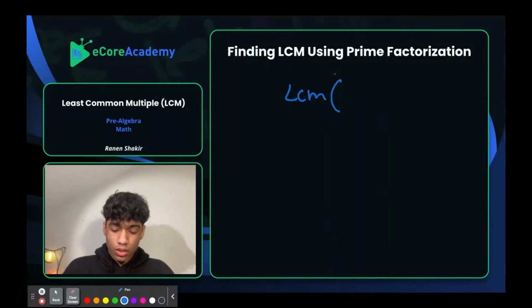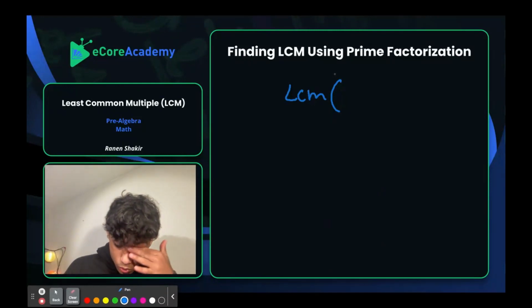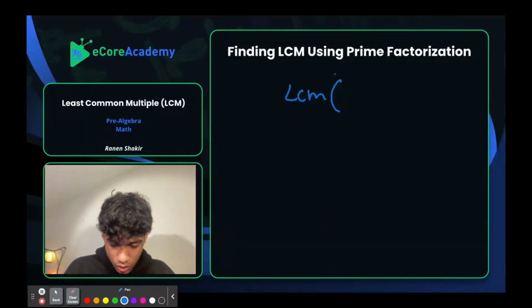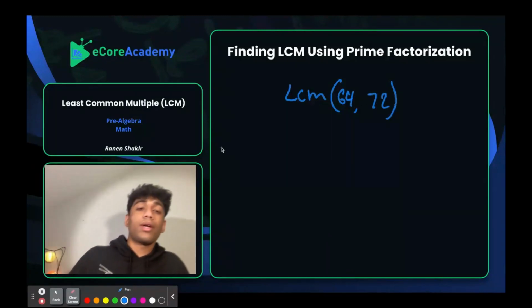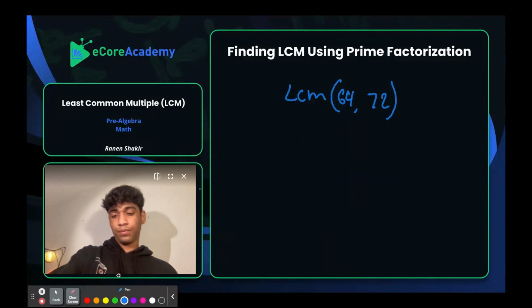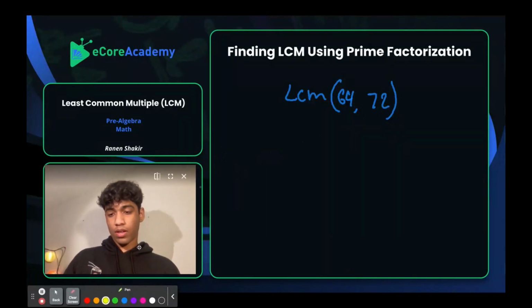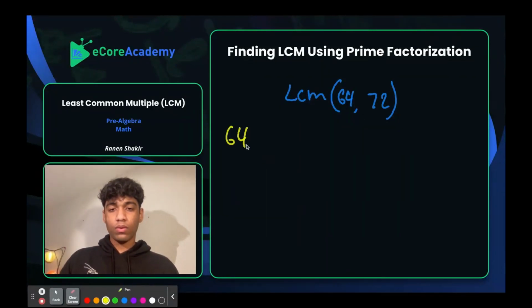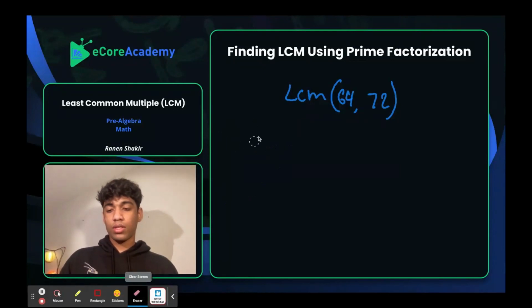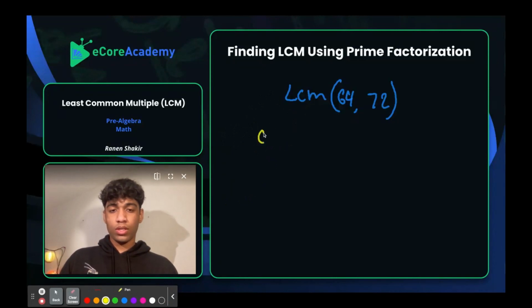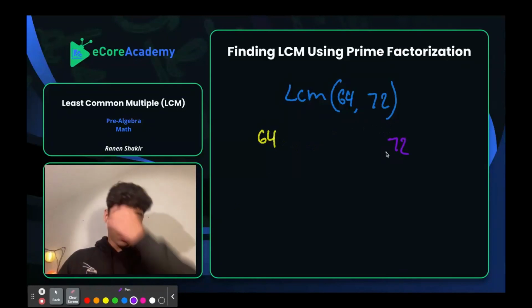All right, so let's find the LCM. Let's do a little bigger numbers. Let's do 64 and 72. All right, so let's work this one together. So if we write 64 over here, and then we write 72 over here, giving myself some more room this time.